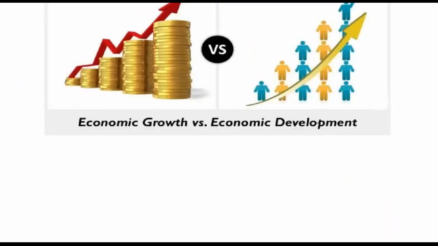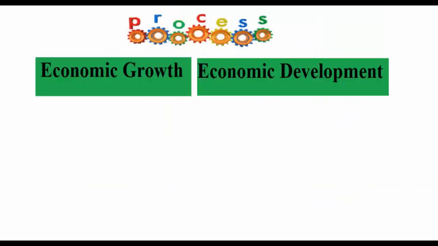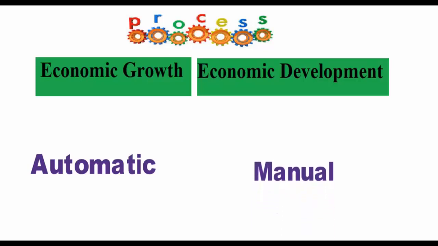Related to: economic growth is related to developed countries of the world, economic development is related to underdeveloped and developing countries of the world. Type of process: economic growth is an automatic process, unlike economic development, which is the outcome of planned and result-oriented activities.